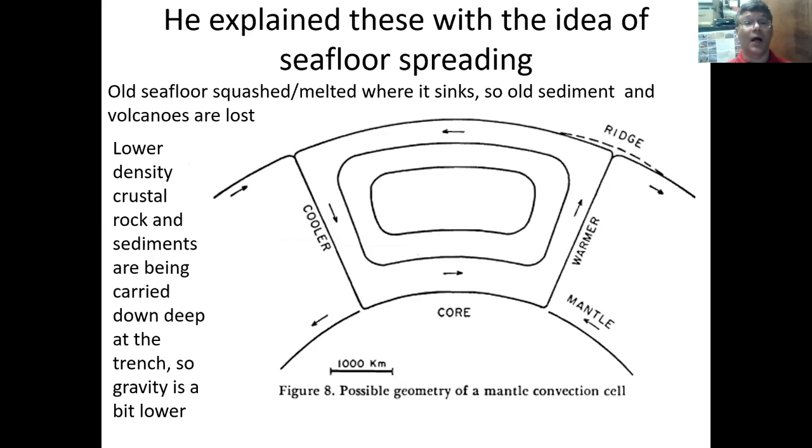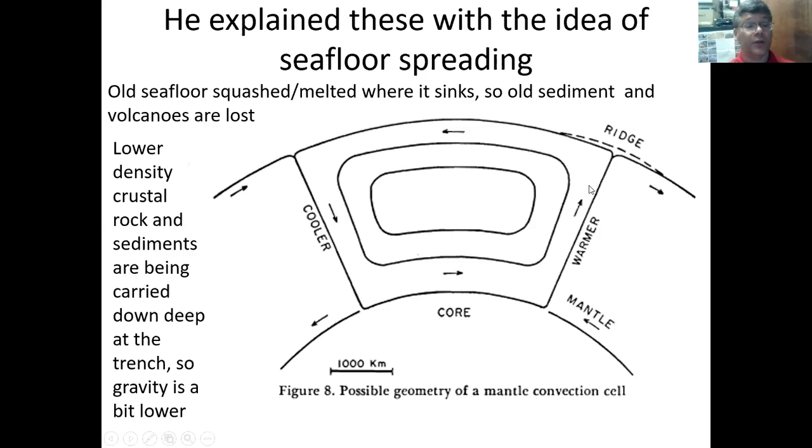Hess proposed the idea of seafloor spreading. Now, there had been some previous suggestions along this line, but Hess really put the data together to support it. Basic idea, this is his sketch of it.